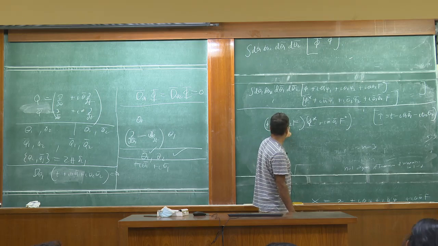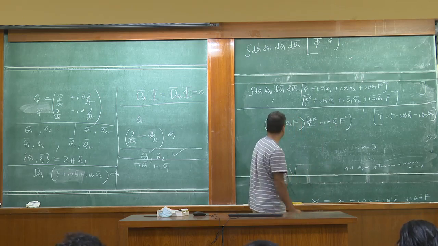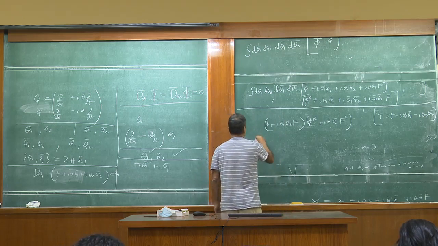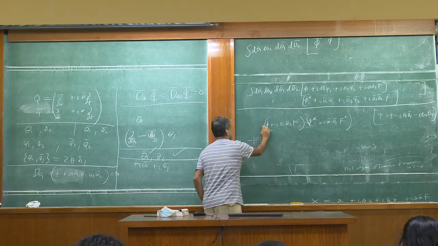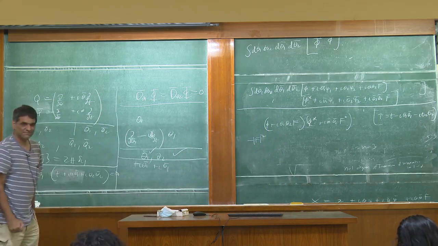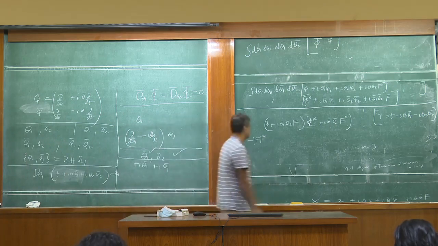And in fact, we're in the right order: theta 1, theta 2, theta 1 bar, theta 2 bar. Here you're really going to have to help me. So I'm getting a minus f mod f squared. Okay, great.